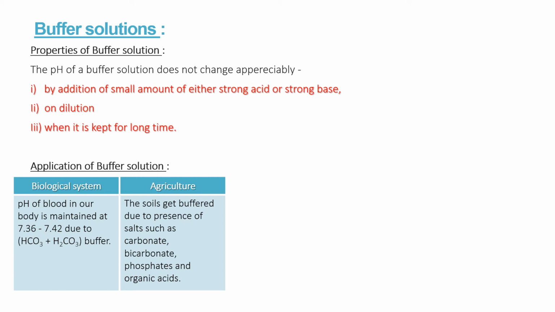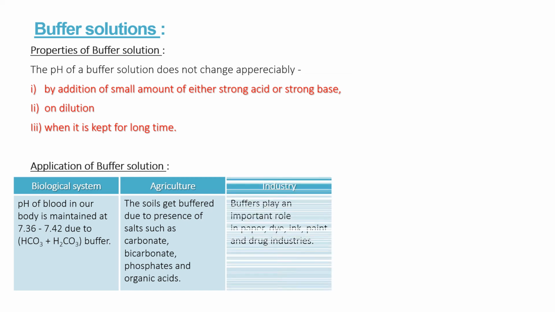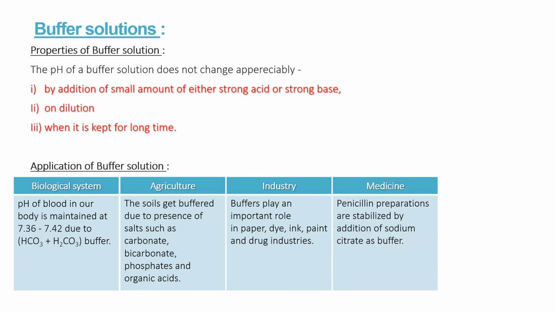So that's why when farmers select the fertilizer for their soil, they must check the pH of their soil. Then only they decide which type of fertilizer is used for that soil. Now next, industry. In industry, buffer solution plays a very important role in paper, dye, ink, paint and drug industries.